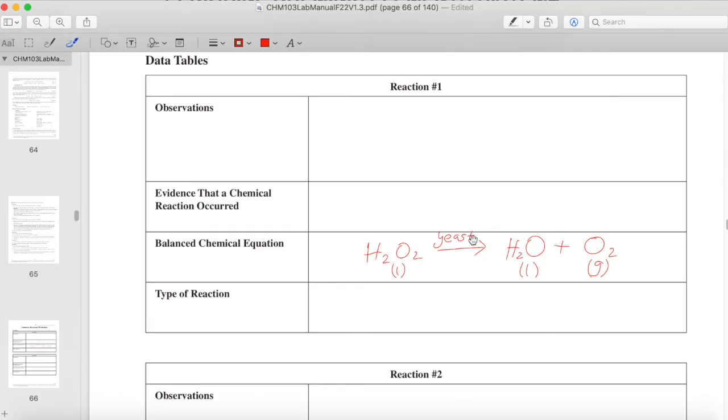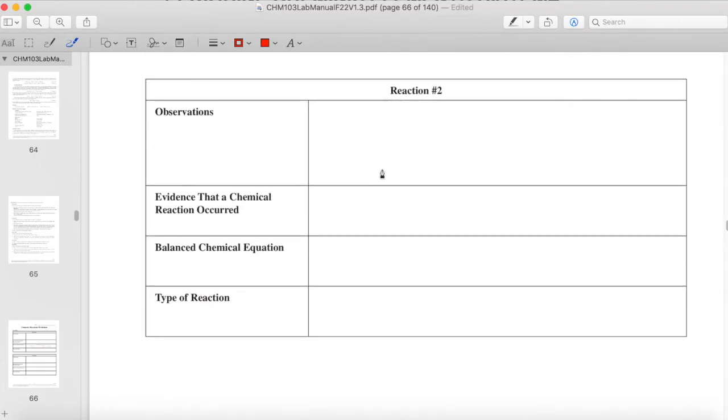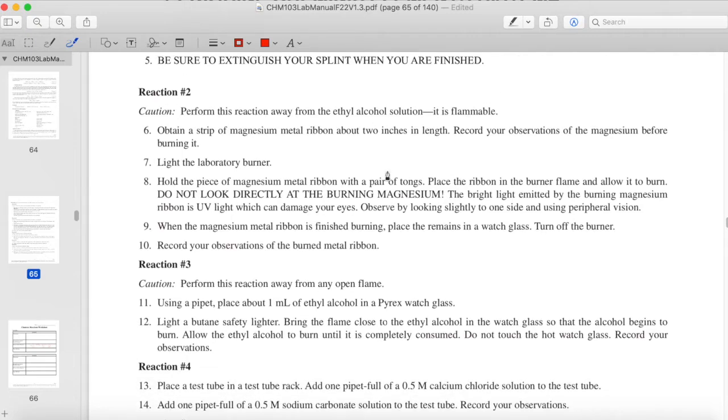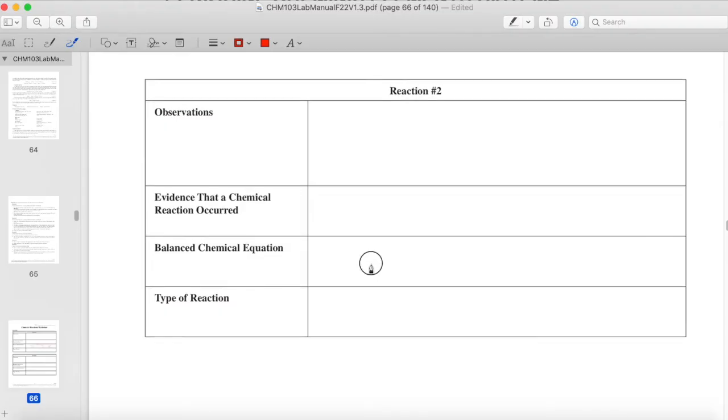Okay, all right. So let's go through some of the others. So next up we have reaction number 2. I think we had magnesium reacting with, yep, there we go. You took magnesium and you burnt it in air. So your reactants were magnesium, that's represented with Mg.